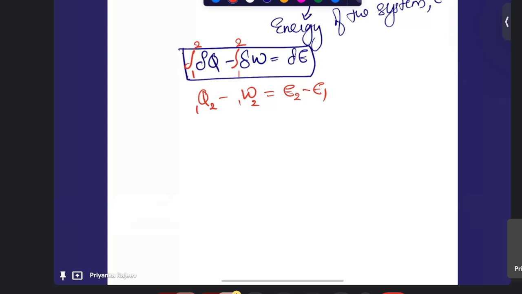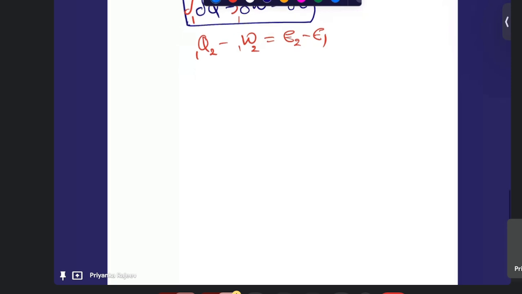Now again we are talking about energy. We will come to the topic of internal energy, kinetic energy, potential energy, which was discussed in the last class. So what is energy? Energy of a system is the sum: E equal to internal energy plus kinetic energy plus potential energy.